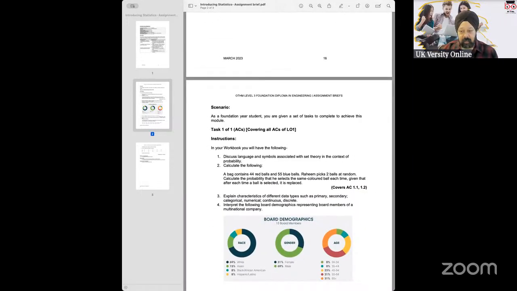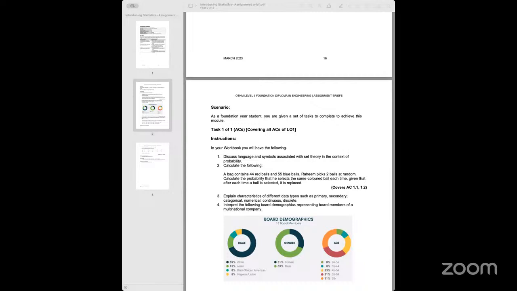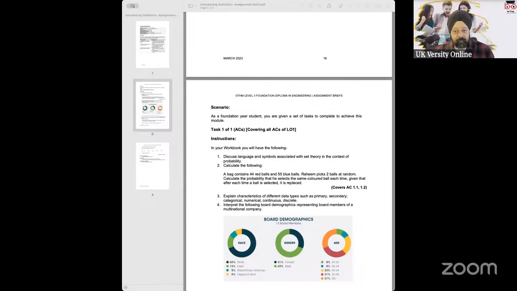Now, going into this particular bit, which talks about the task here, we'll be able to use this formula. It says the bag contains 44 red balls and 55 blue. Rahim picks out 2 balls at random. Calculate the probability that he selects the same colored balls each time, given that each time the ball is selected, it is replaced.